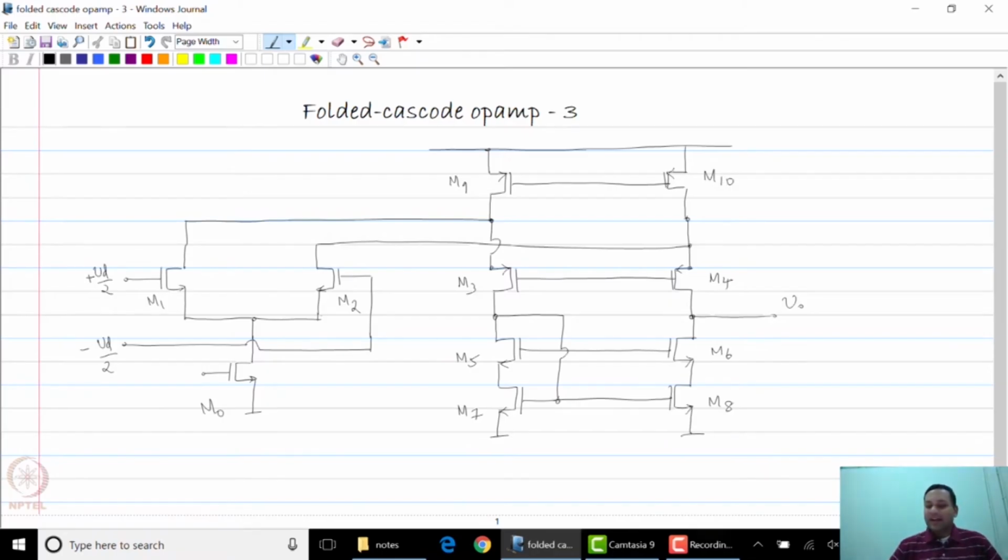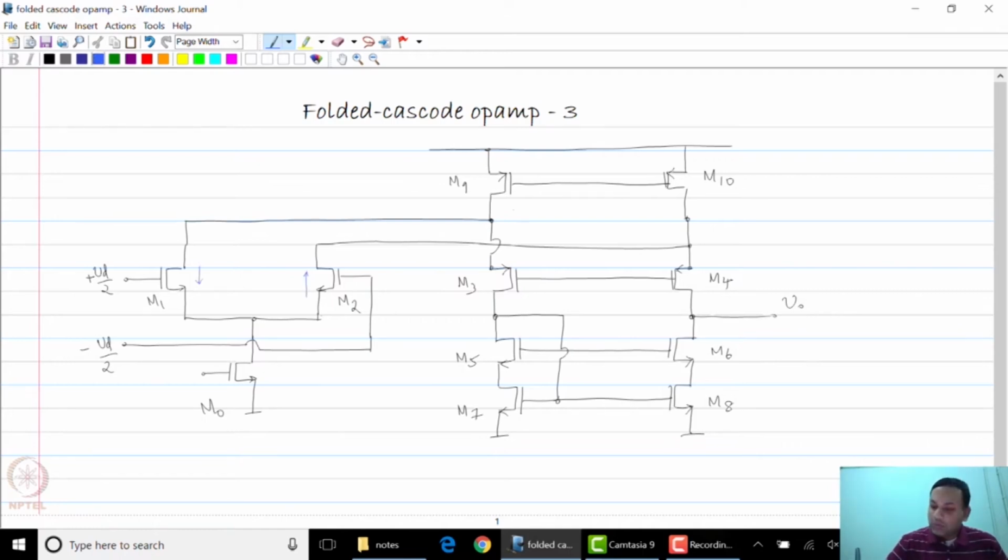Now let us quickly check if the plus and minus signs of the op-amp we have drawn are correct. So if you were to apply a positive Vd by 2 to the gate of M1, you expect this current to be positive and this current to be negative in this direction.